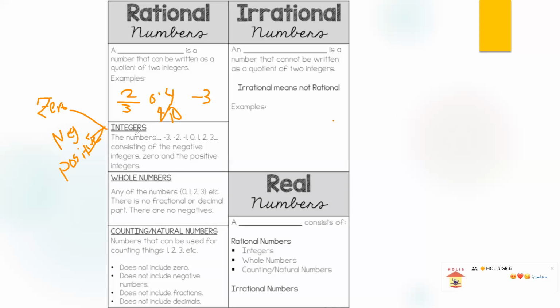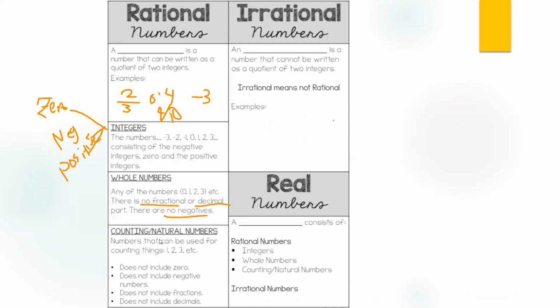The whole numbers are numbers like 0, 1, 2, 3. For the whole numbers, there's no negative, there's no fraction, and there's no decimal.